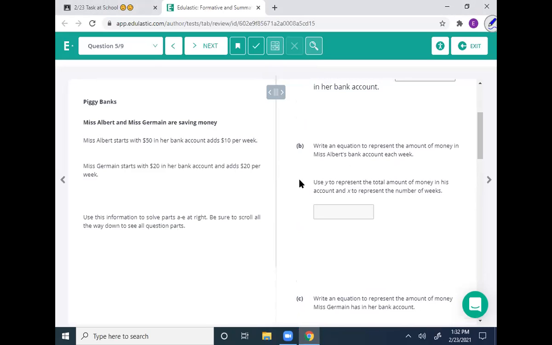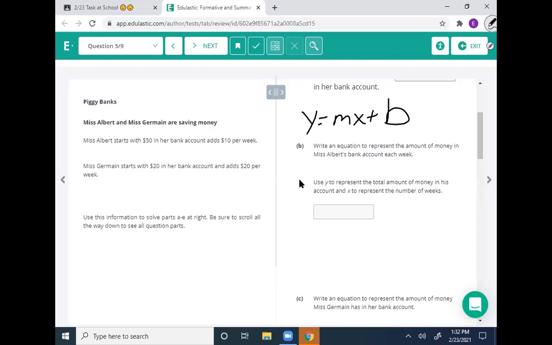Next piece, we need to write an equation for Miss Albert for the amount of money that she's adding each week. Remember, we write equations in the form y equals mx plus b. What does the m represent? Money? Money, right?